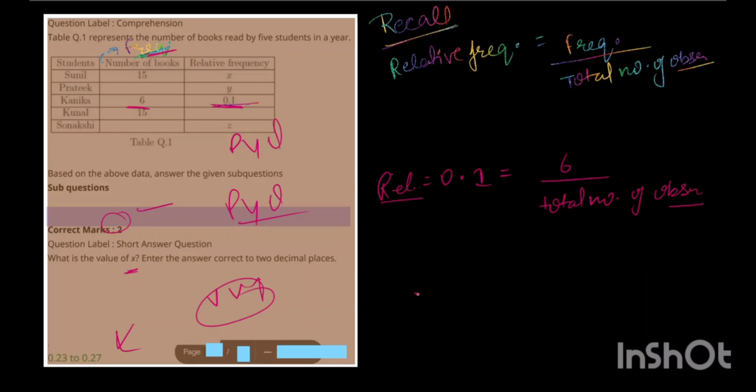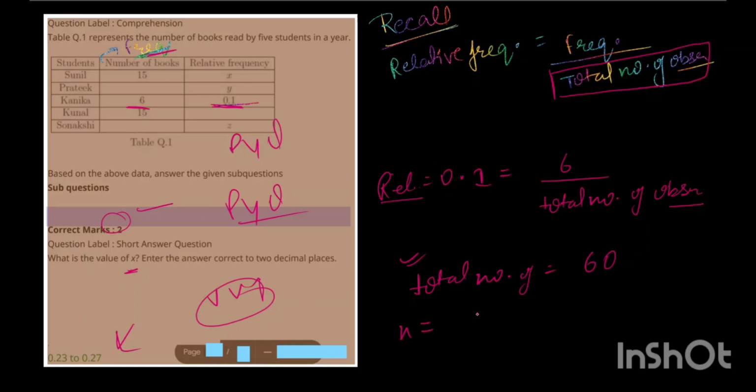So first we will try to find the total number of observations. So total number of observations will be equal to 6 into 10, that is 60. Okay, and x is nothing but relative frequency. So again we will find relative frequency using this formula. Now we have frequency as 15 and total number of observations as 60.